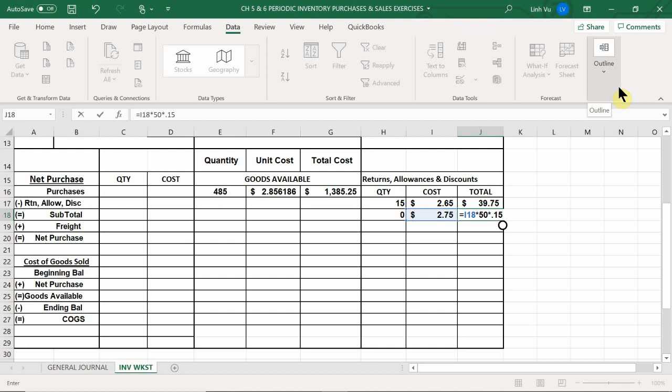So we took the 50 mugs, multiplied by the per unit price, which is $2.75 each, and we're going to take a 15% discount. So how much is going to be my allowance? $20.62? No, that's definitely not right.